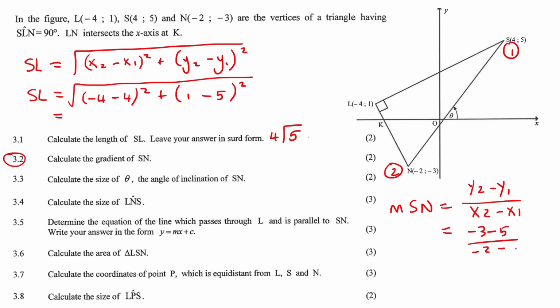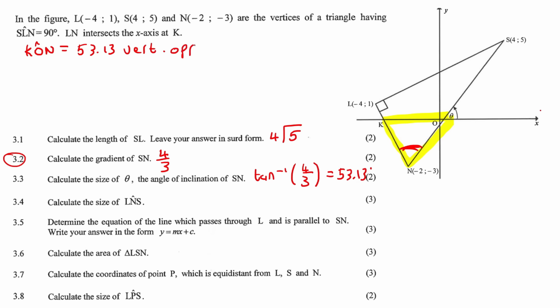They do this a lot. So we can, for example, work out this angle just because of vertically opposite of here. So we can say that that's angle KON, and that's going to be equal to 53.13 degrees because of vertically opposite angles.